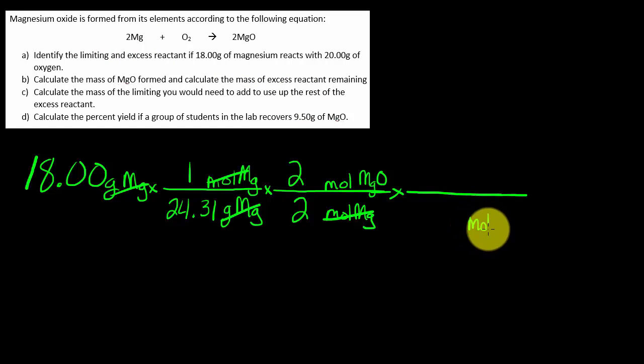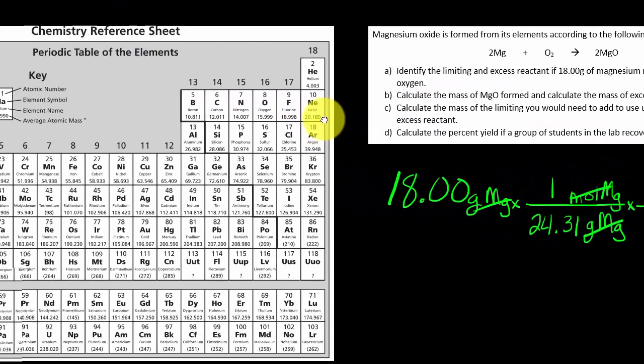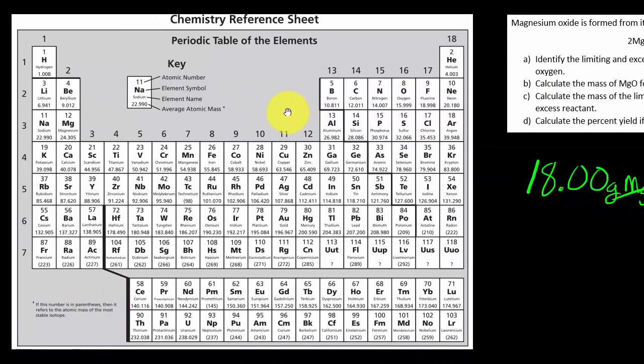So moles of MgO, magnesium oxide. 1 mole of magnesium oxide contains a certain number of grams of magnesium oxide. So we go over to the periodic table. We find magnesium and oxygen.